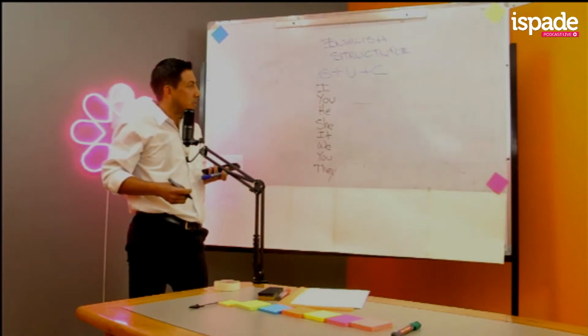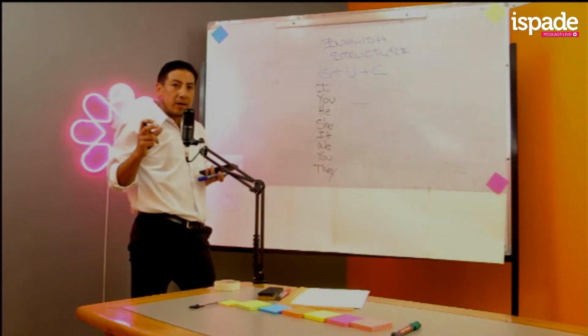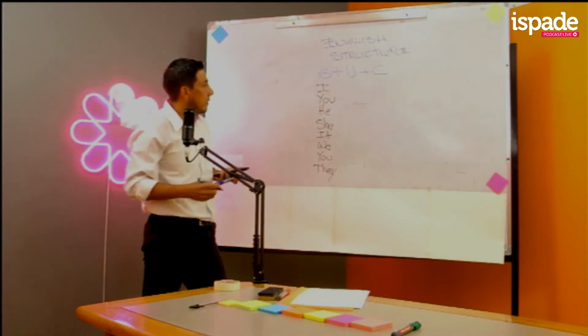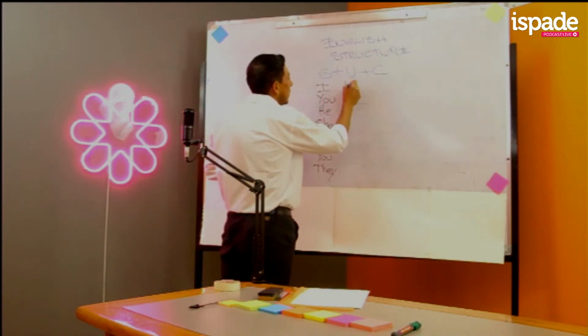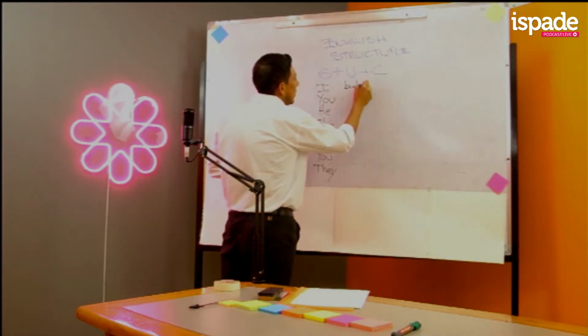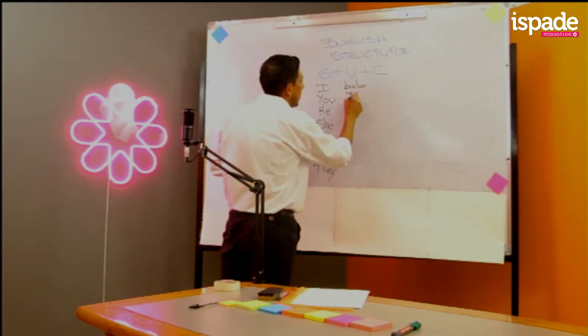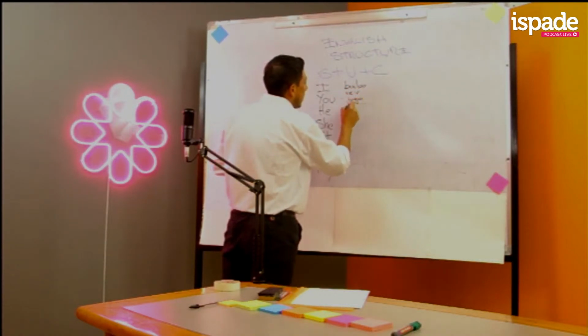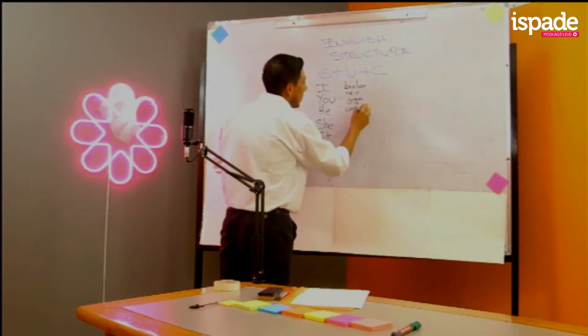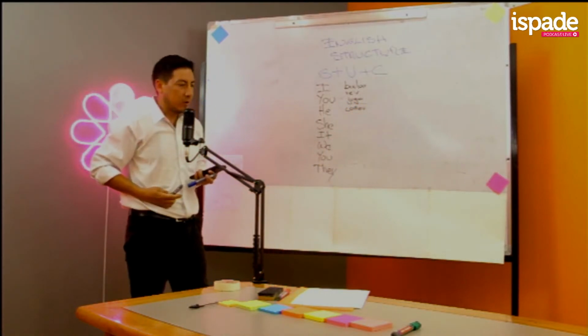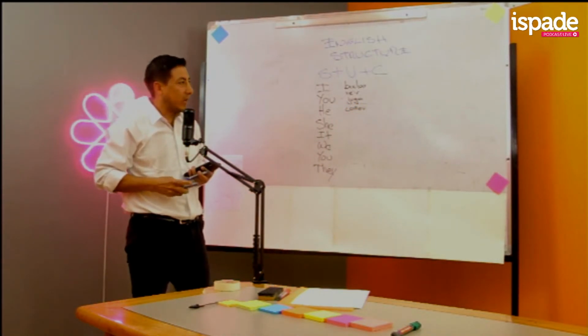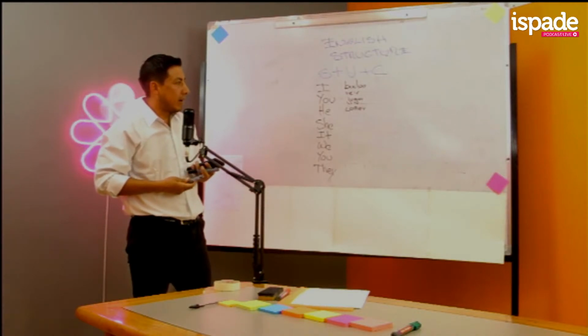What are the verbs in Spanish? All the words which are terminated in ar, ir. For example, we say, you see, in Spanish we got bailar.